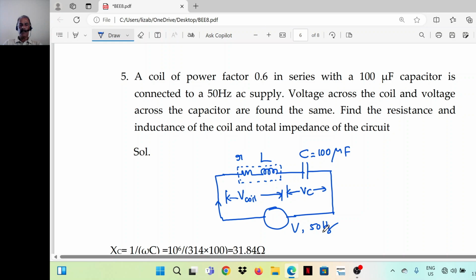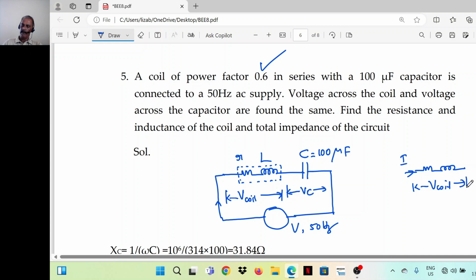Frequency is given, 50 Hertz. Now we have to find the resistance and inductance of the circuit. Also, the power factor of the coil is given. We take the coil separately, resistance and inductance. I'll take the current as I, voltage is V coil.